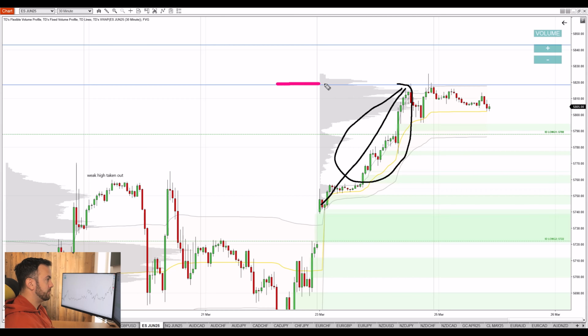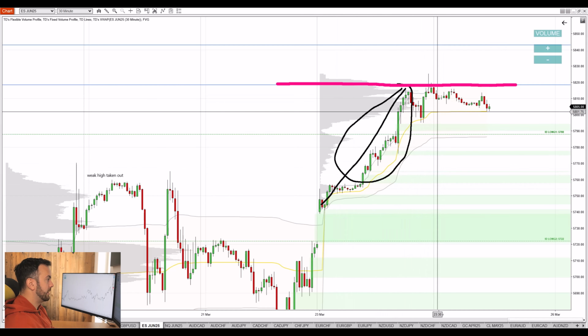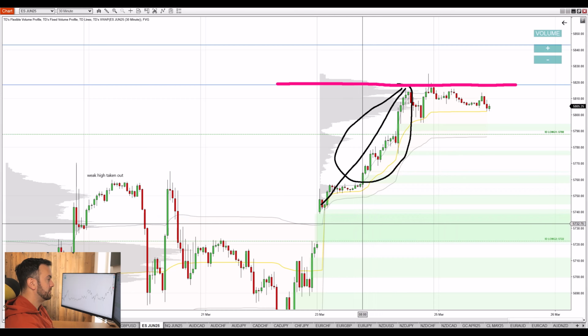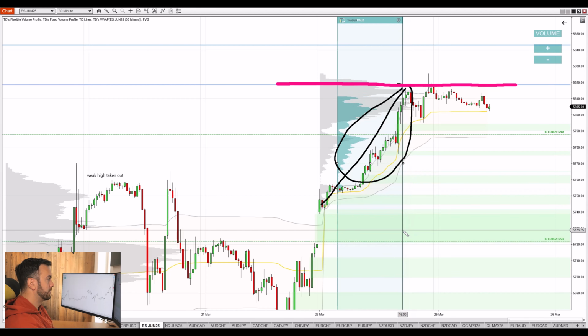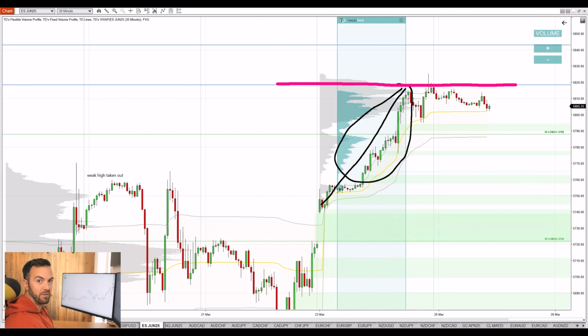So this being the short level, you want to look into the area where the price was approaching it, and you want to use volume profile to look at important heavy volume zones. Because heavy volume zones work as support and resistance zones, right? So the chart shows this massive heavy volume zone beginning right here.